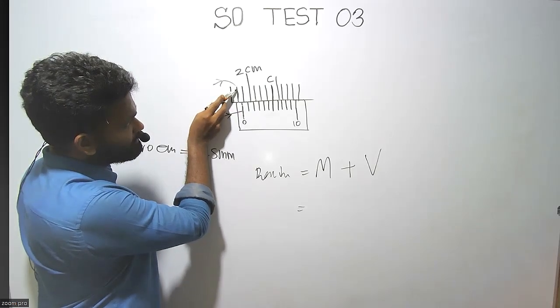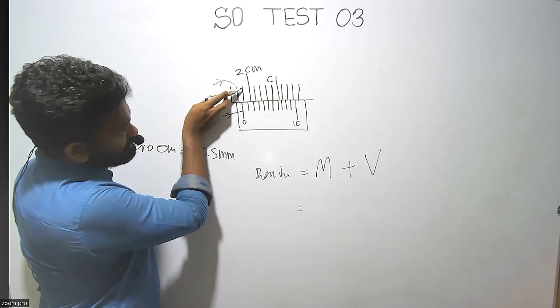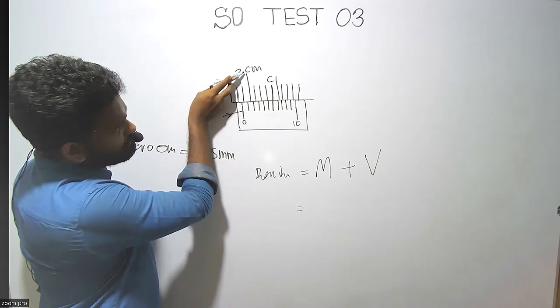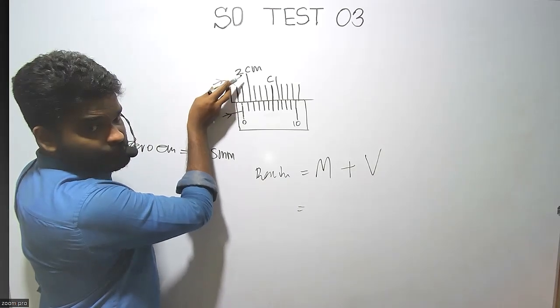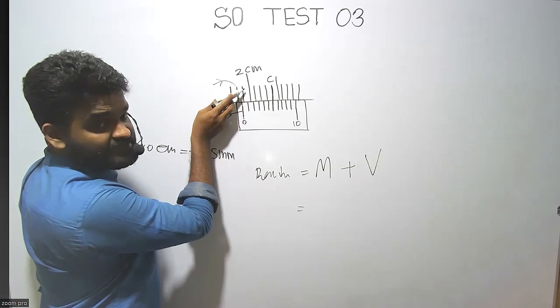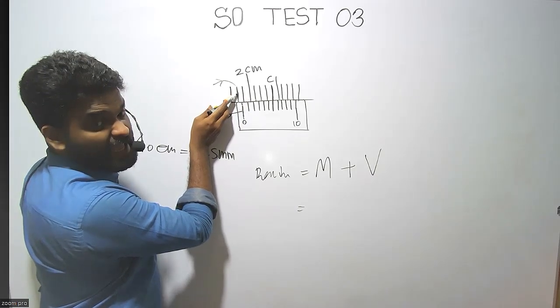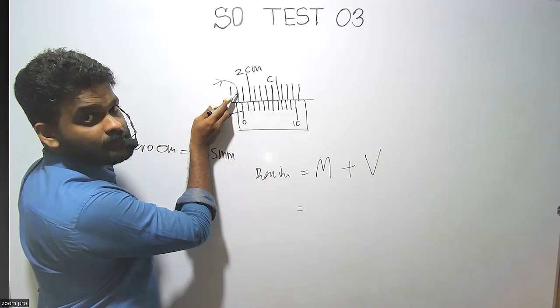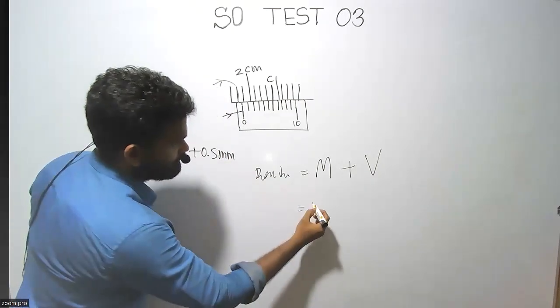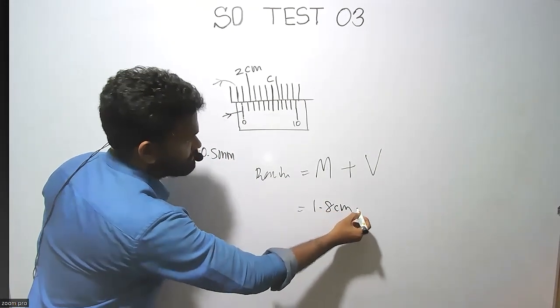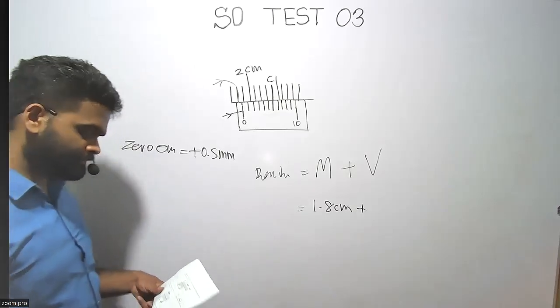This division is less than 1 millimeter, less than 2 centimeters, so it should be 1.9 centimeters. Then this should be 1.8 centimeters. Got it? So 1.8 centimeters is the main scale reading.